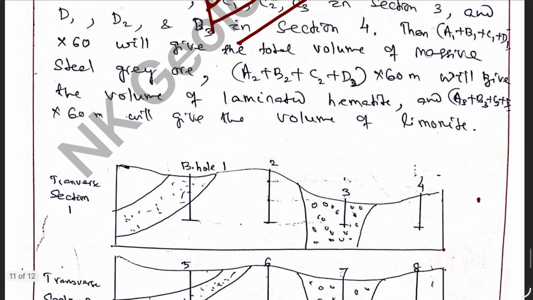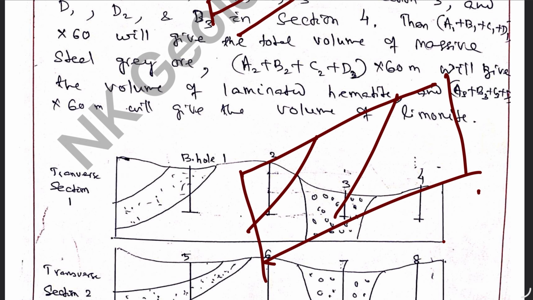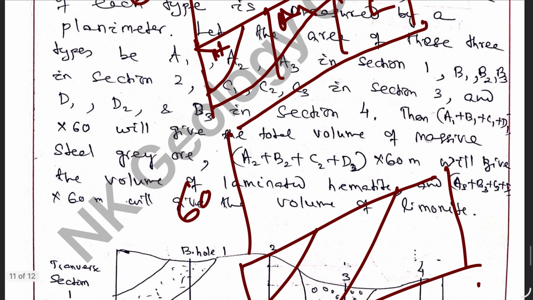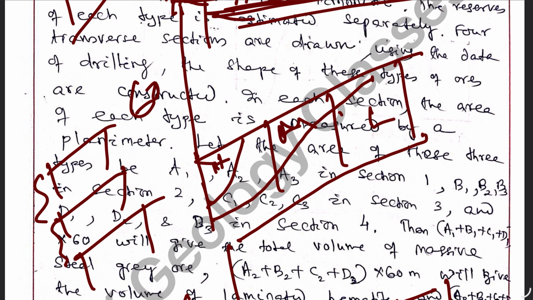Then we take another transverse section where the high grade, low grade, medium grade are found out at a 60 meter interval. So we have three sections. Sections interval is 60 meter.